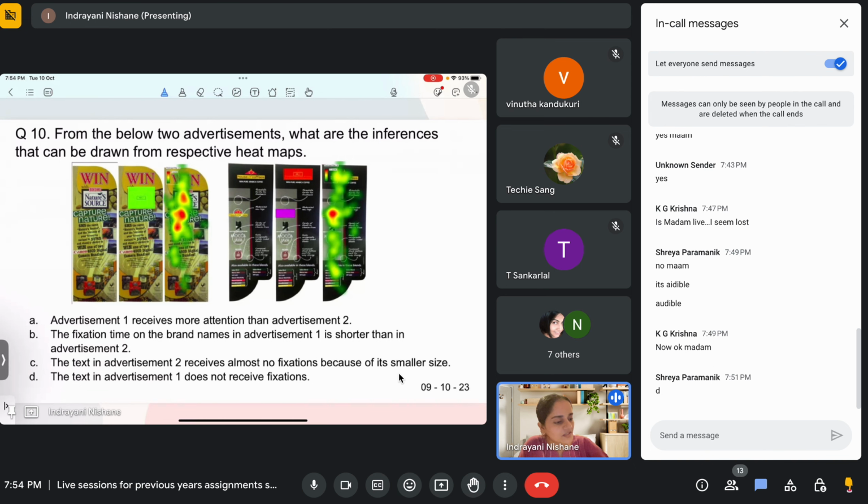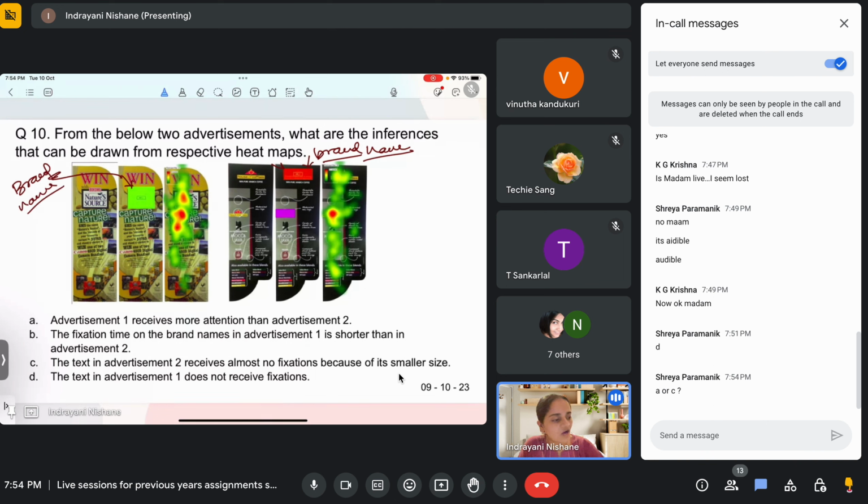Yeah, so this is the second image. This area is the brand name. Here is the area of interest for us. This is the brand name. Okay, so now you have to see how many fixations are happening here.